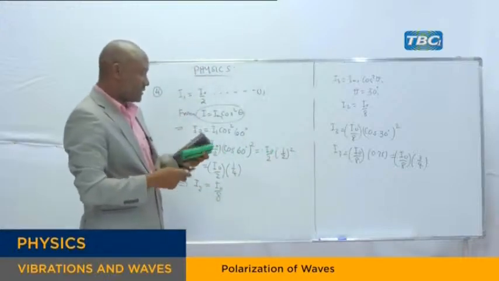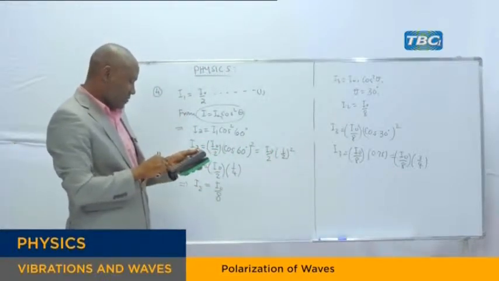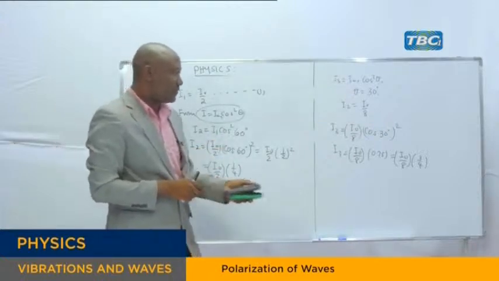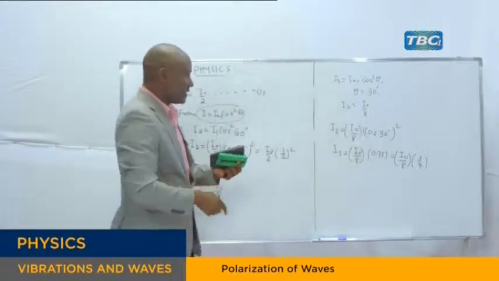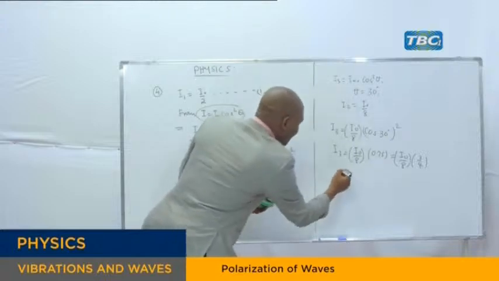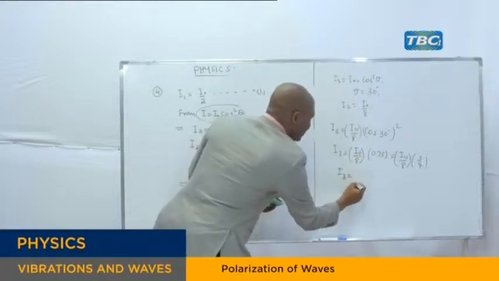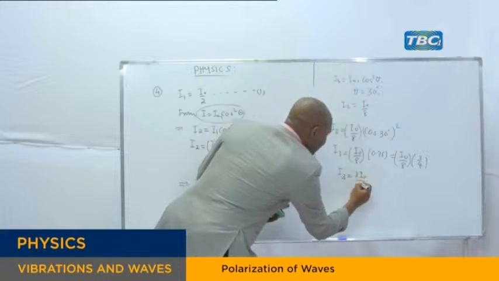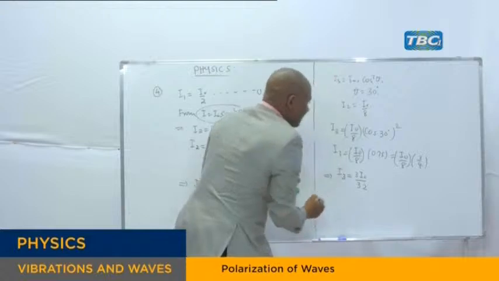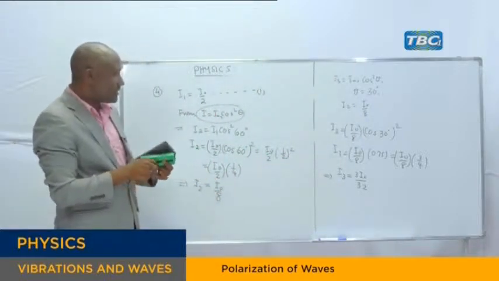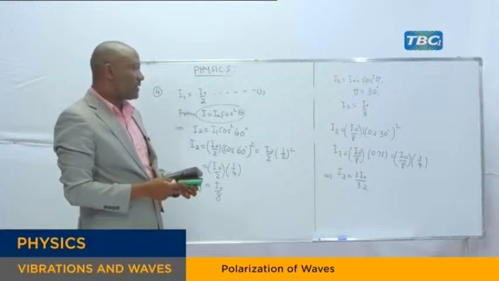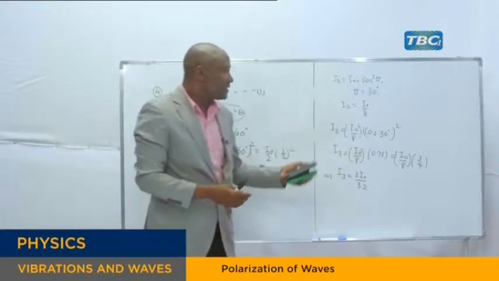Check on your calculator: 3 over 4 gives 0.75, and converting this decimal into a fraction gives 3 over 4. Then the final intensity will be 3 I0 over 32, because there is no way you can simplify that. So that's how you can find the intensity of light using this.